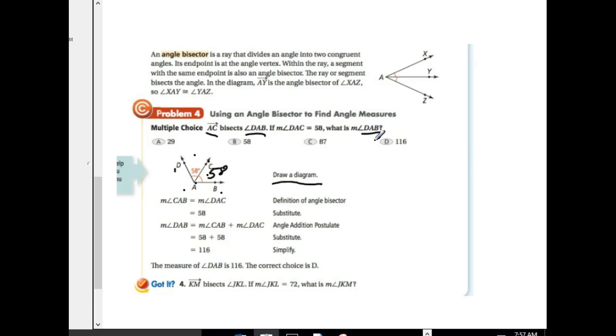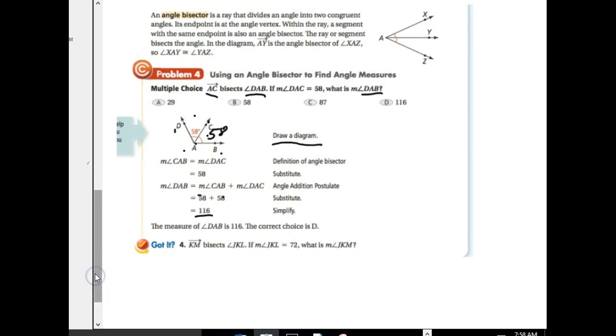Well, that's when you have to add the 58 and the 58 together. The 58 for the DAC and the 58 for the CAB together make the one big angle, which is DAB. So if you add 58 and 58, as you can see here and here, you end up with 116. That means that D would be your correct choice if it were a multiple choice question.